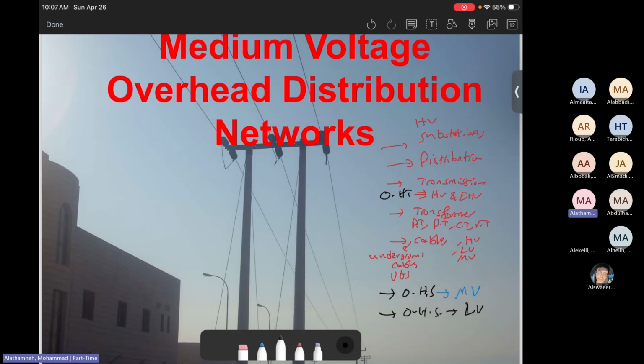Most likely, again, today's topic, we will talk about an example in Jordan that we see a lot in Jordan. And again, we will focus on medium voltage. As we know, medium voltage is associated with subtransmission.